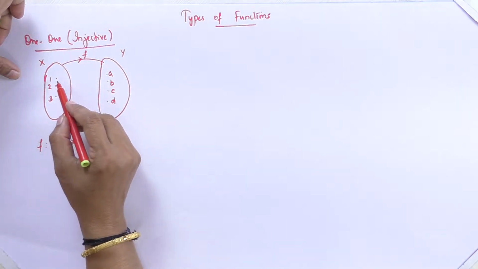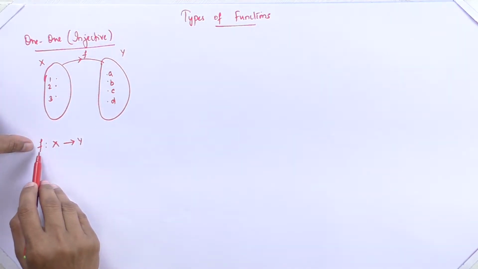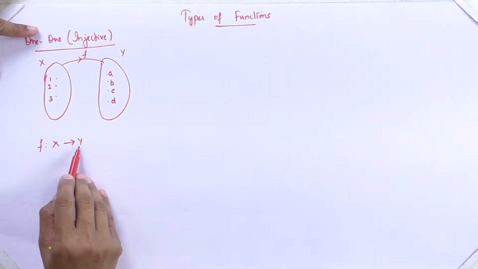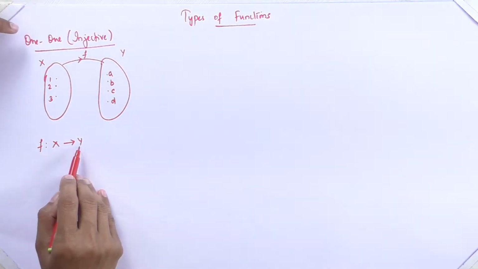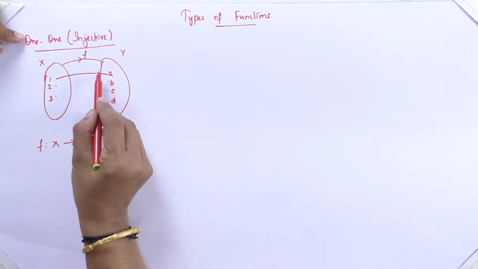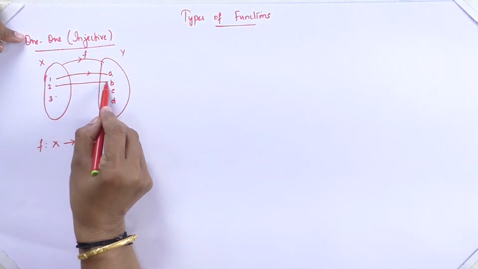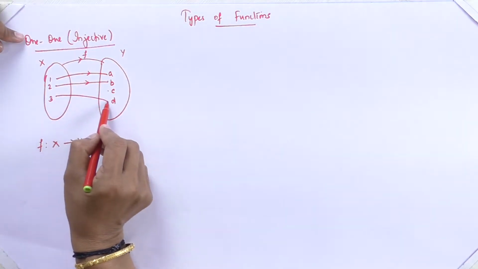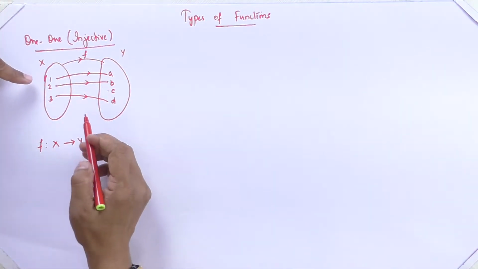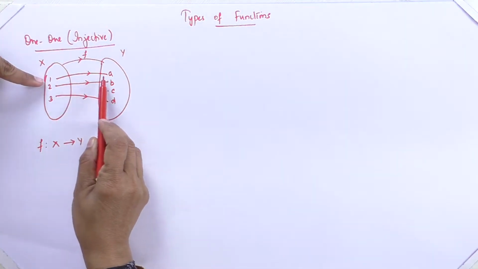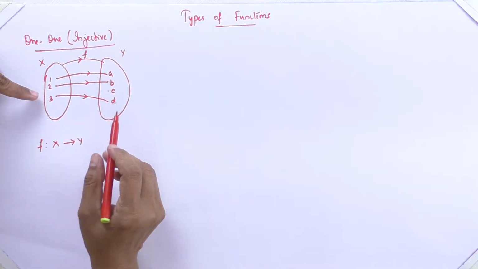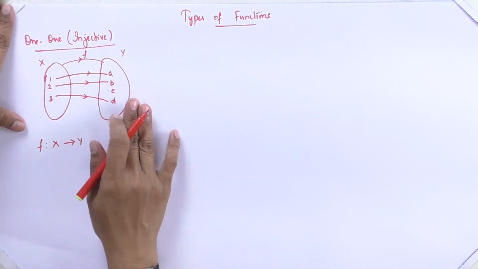Again I repeat, the function f from the domain set X to the codomain set Y is said to be one-to-one if all the distinct elements of X are distinctly mapped onto Y. Look at this now. Each and every element is distinctly mapped onto the elements in Y. So this is called an injective function.